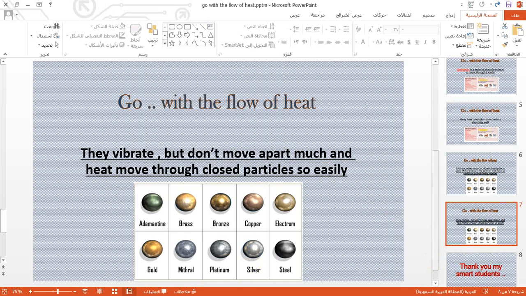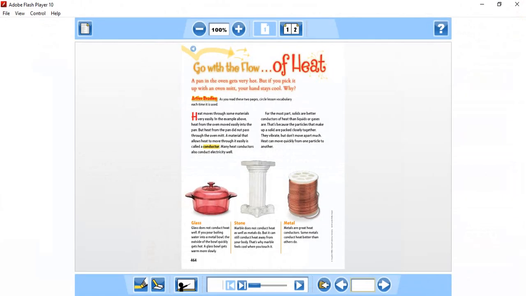Now let's see your book and revise some more materials that are conductors. Some of them are not conductors. Let's see the metal here. This metal is made of copper. Let me zoom in on the page.